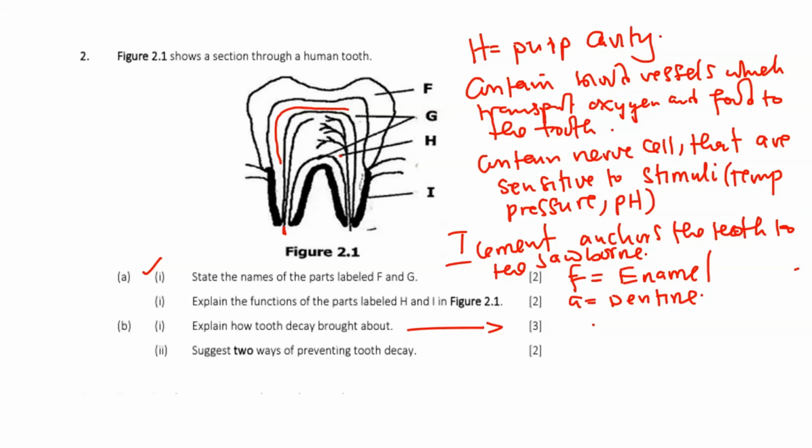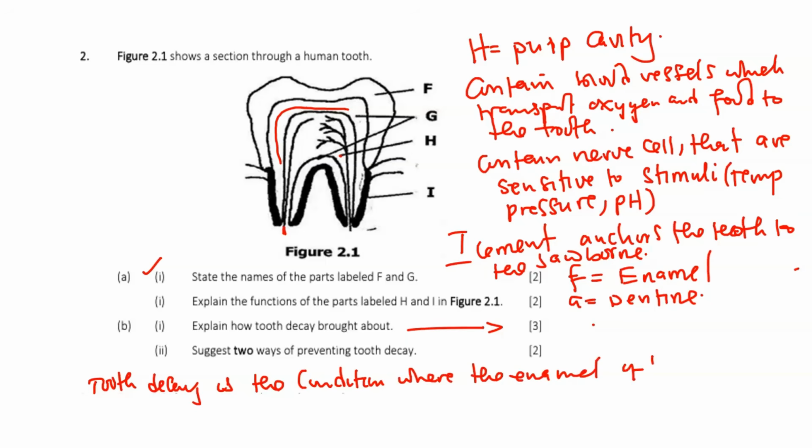So we can say tooth decay is the condition where the enamel of the teeth is corroded. So I've just defined what tooth decay is, but the question is to explain how it occurs.